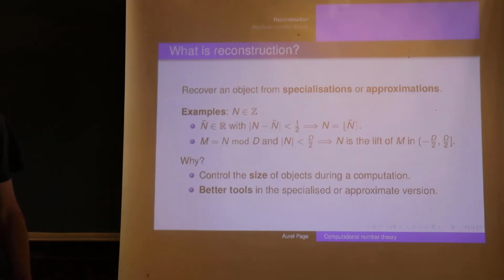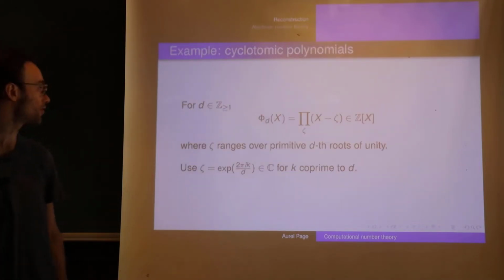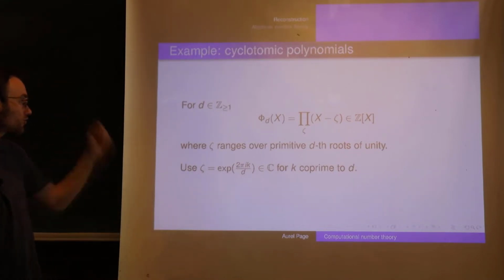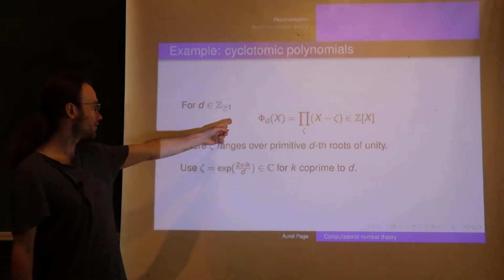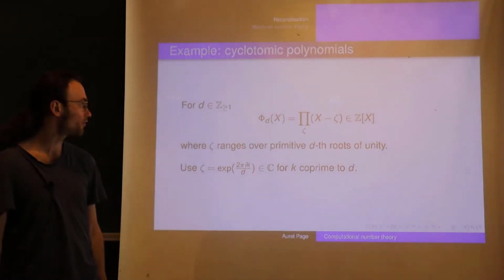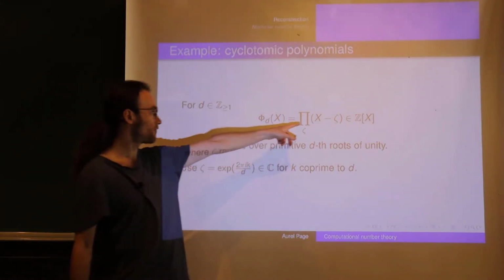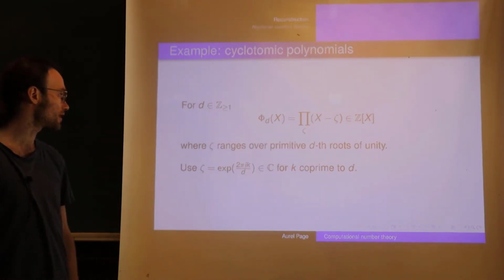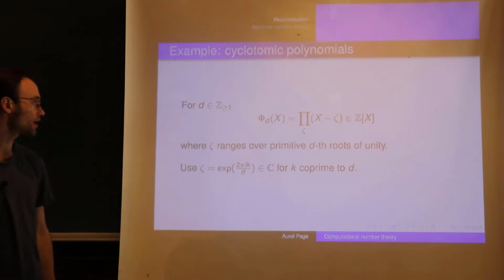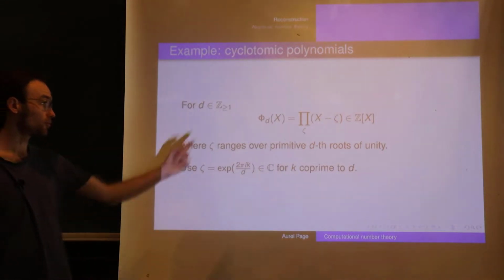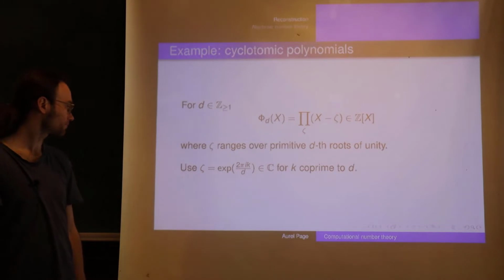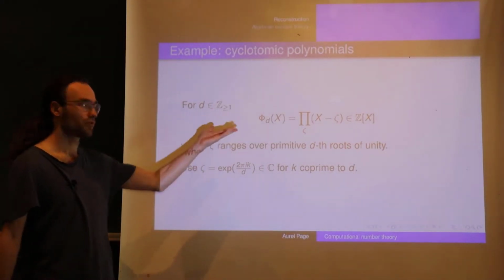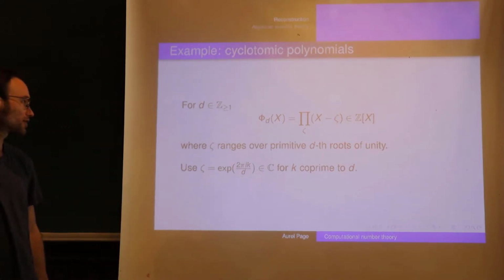So just a simple example of an application. If we take d, an integer, we can define the cyclotomic polynomial, phi d. This is just the product of x minus zeta, where zeta ranges over primitive d-th roots of unity. And we know that this polynomial has integer coefficients. In fact, we can also give reasonable bounds on the size of the coefficients.